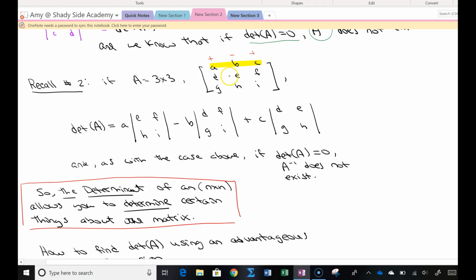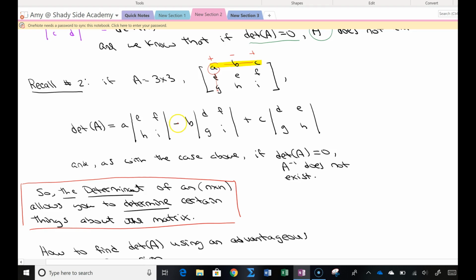The determinant of that matrix A is positive A, and then you cross out the row and column that A is in. It's positive A times the determinant of the remaining 2x2, right?